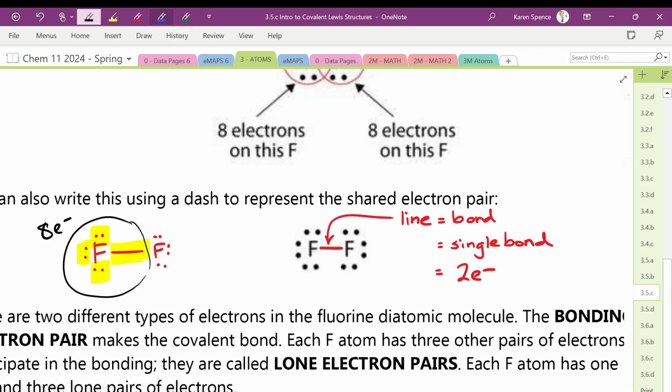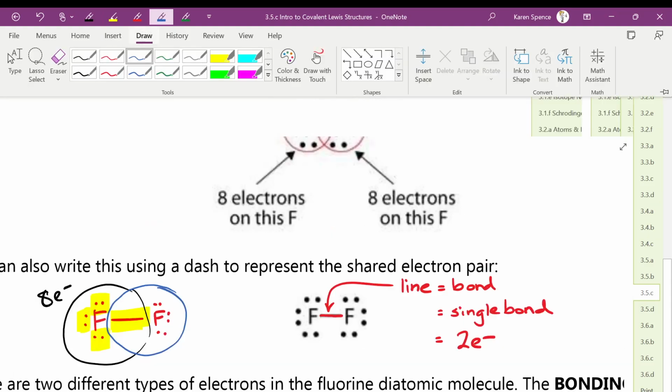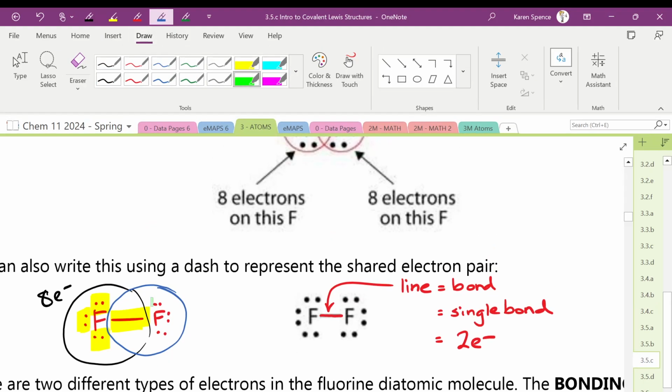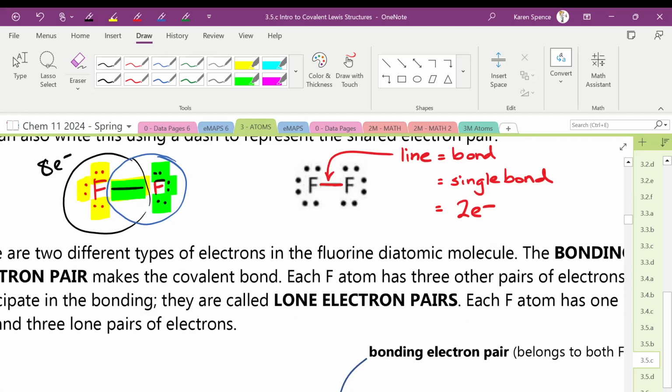And I could draw my other one, and I could say I have 2, because that bond is 2 electrons, and then each lone pair, which we'll learn that word in a moment, is 2 electrons. So 2, 4, 6, 8 electrons. So it doesn't matter whether I draw it as a line or as 2 dots. That bonding pair is 2 electrons.